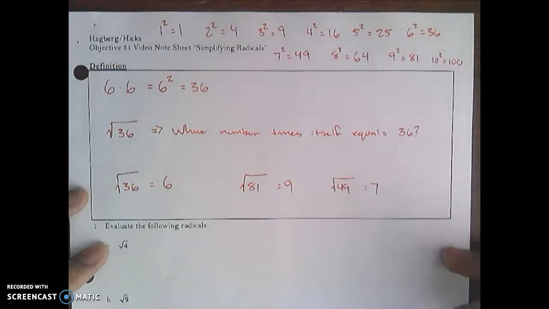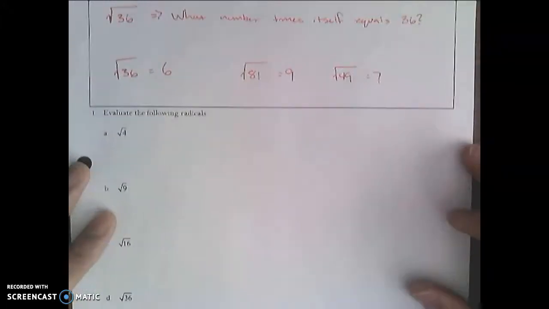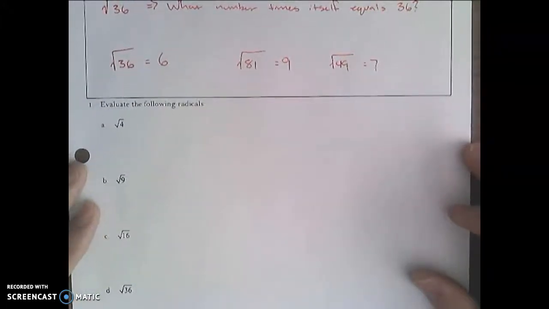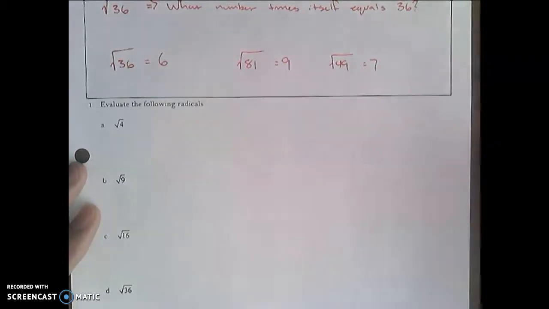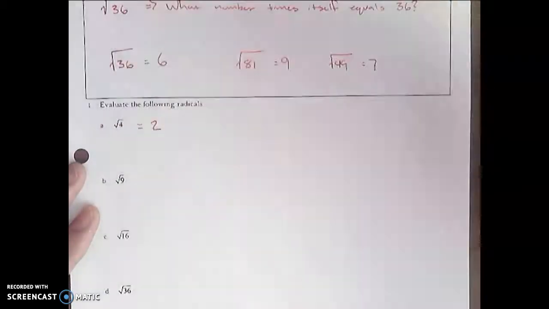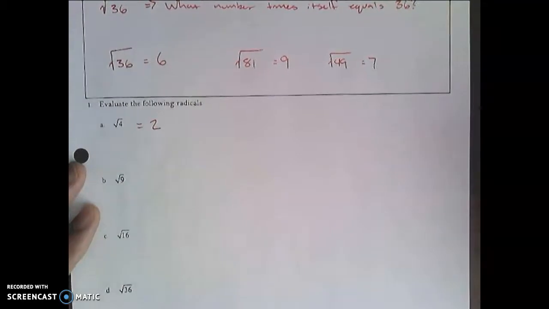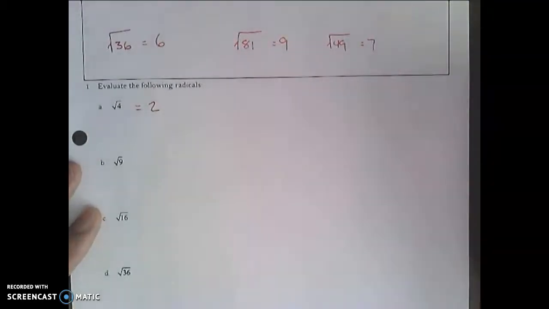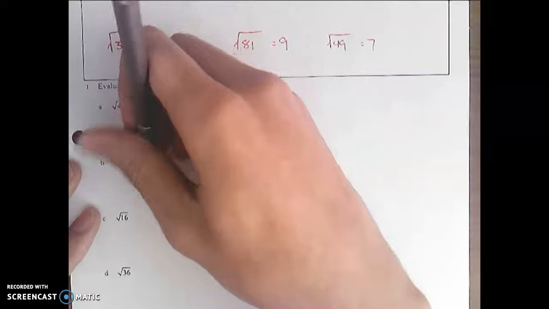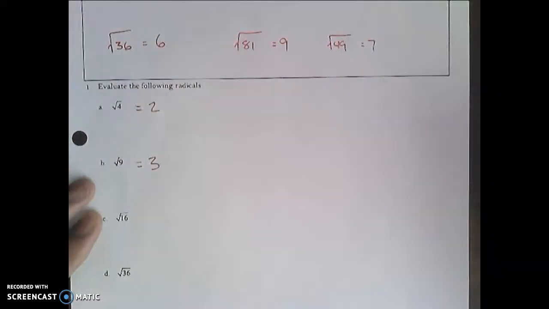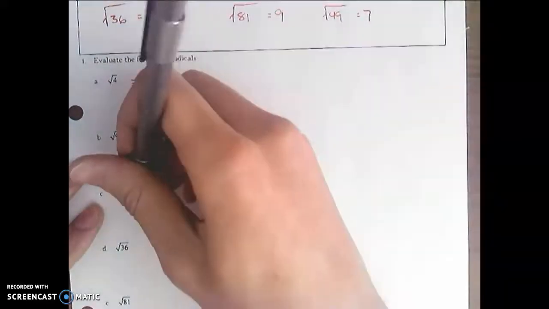Let's evaluate a few. So here we have the square root of 4. This is asking what number times itself gives us 4. That would be 2. The square root of 9. What number times itself gives us 9? That would be 3. What number times itself gives us 16?